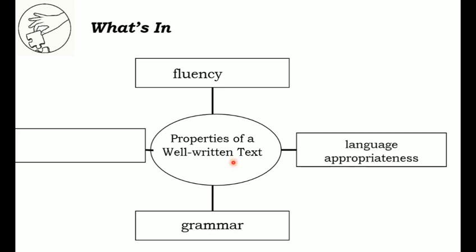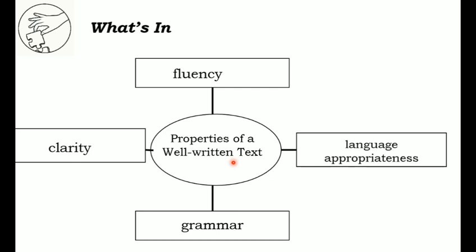And then grammar. This is, of course, the correct use of the parts of speech in a spoken or written text. And in this particular lesson, this deals with the use of the coordinating and subordinating conjunctions.